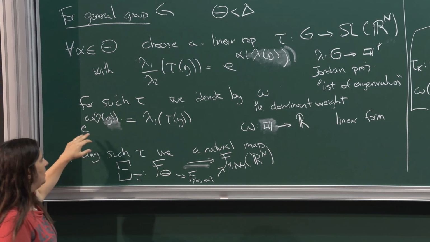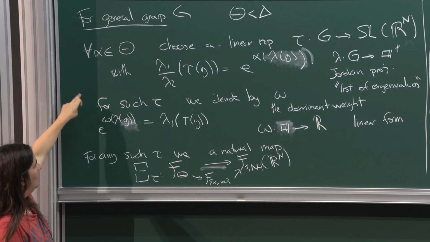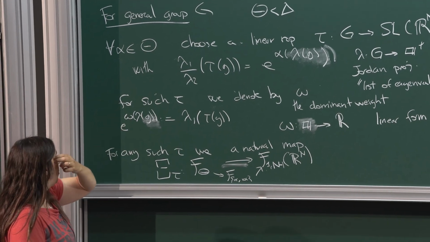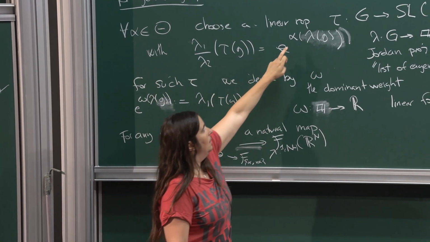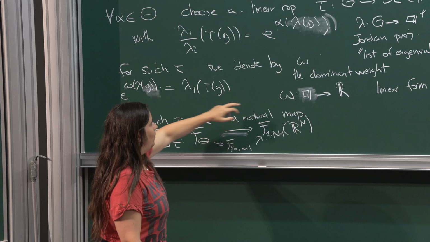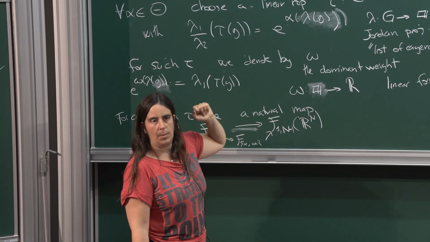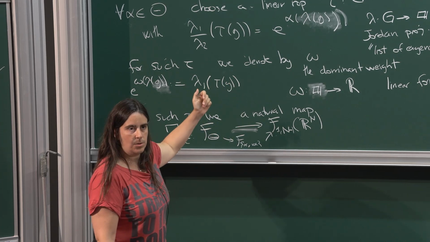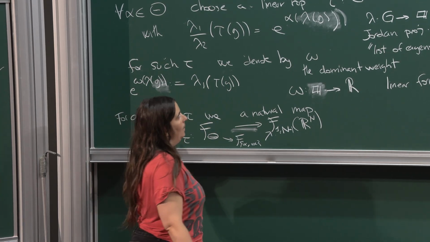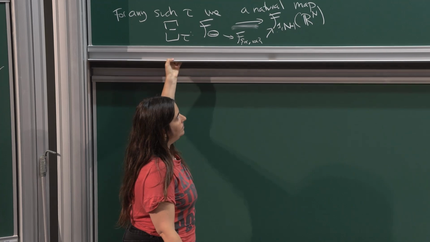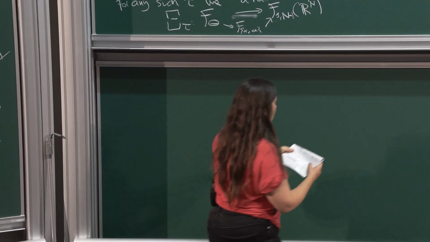The first root of this representation is the root I wanted, and the first weight of this representation is my fundamental weight that I called omega. Okay. And this lets me construct some families of cross ratios.